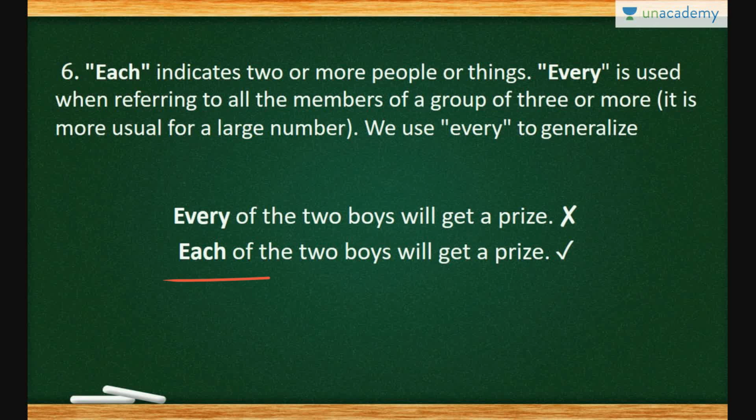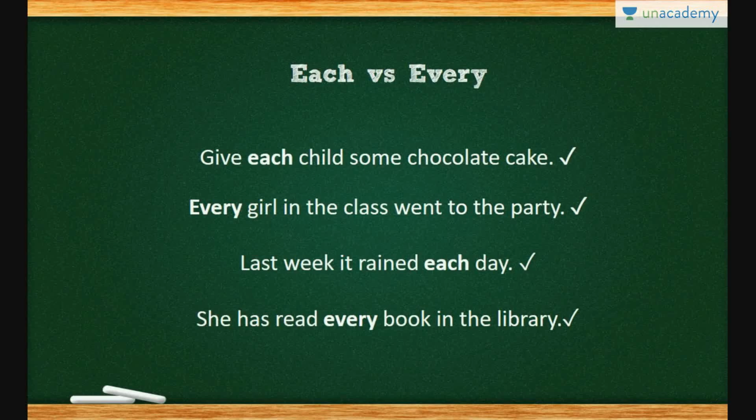This is correct. Now let's look at a few more examples just to make the meaning clear, just to understand the difference between these two words. Give each child some chocolate. That means give each and every child some chocolate. Every girl in the class went to the party.